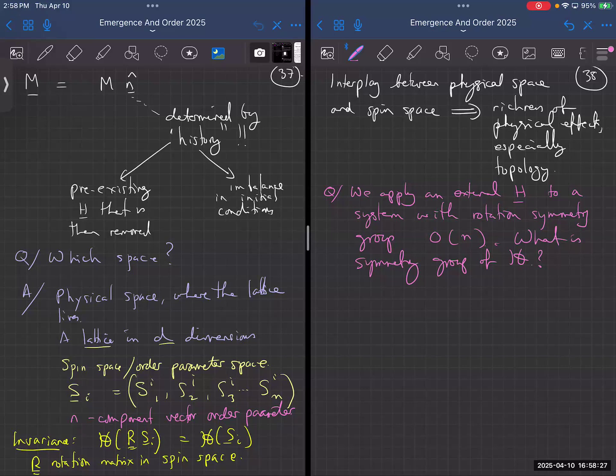Now what is the symmetry group? Yeah, exactly. It's O(N-1), because I can take rotations in any direction as long as they are axial to the external magnetic field. Okay, so that's the Heisenberg model.